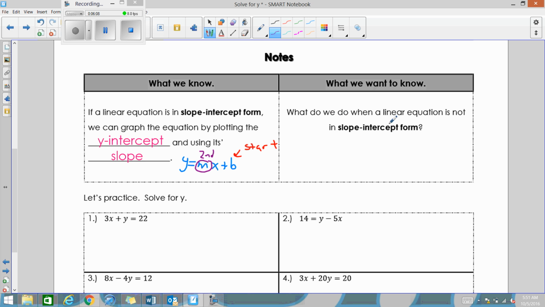But what happens if we don't have it in slope-intercept form? If you don't have it in slope-intercept form, we need to get it into y equals mx plus b form.